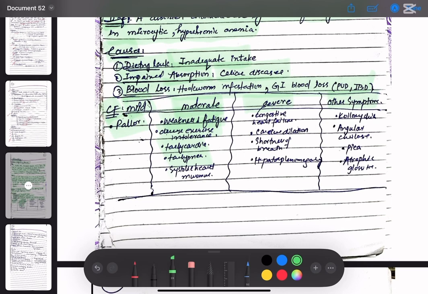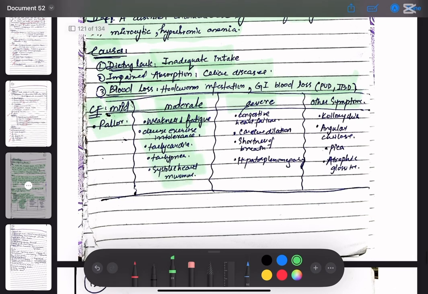In severe cases, congestive heart failure, cardiac dilation, shortness of breath, and hepatosplenomegaly. These are the severe clinical features, and the other symptoms are koilonychia, angular cheilosis, pica, and atrophic glossitis. These are the clinical features in mild, moderate, and severe iron deficiency anemia.